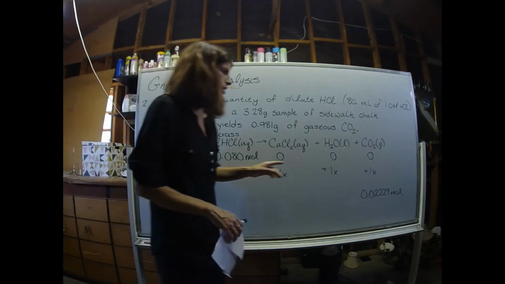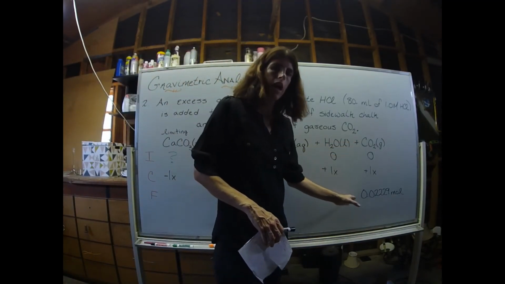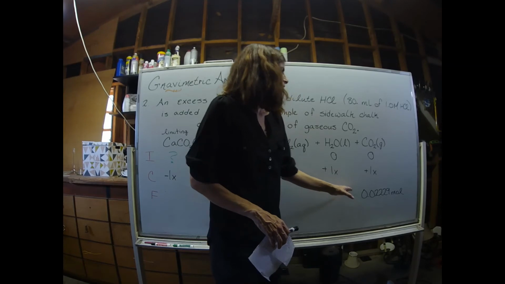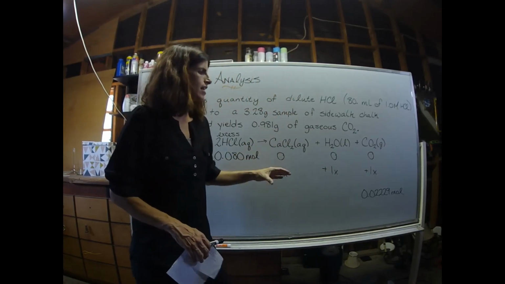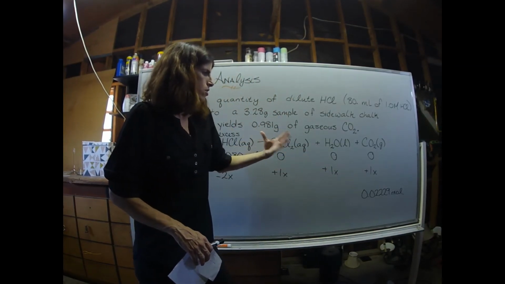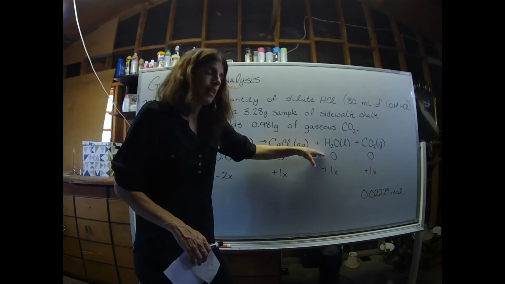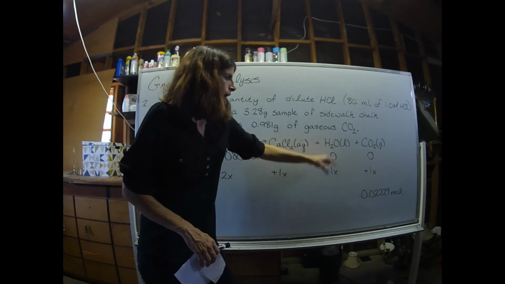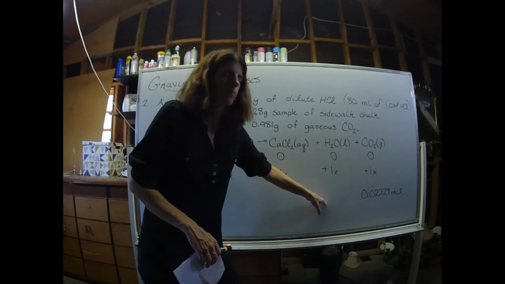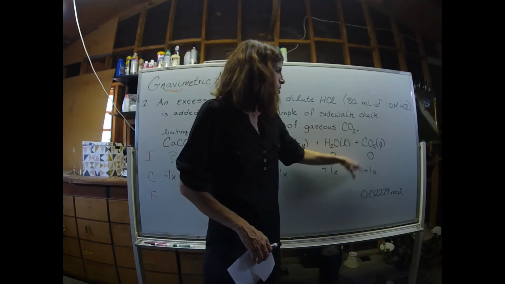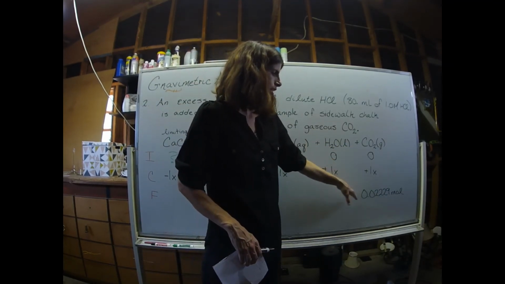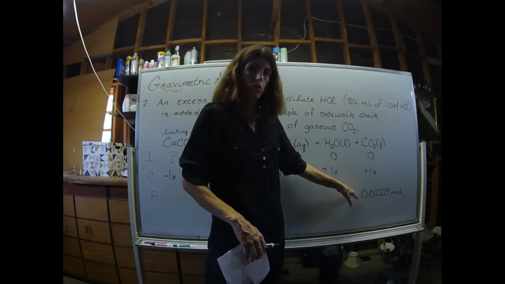However, over here, we do have a complete column for carbon dioxide. And we know that the ICE table works so that the initial line and the change line add up to the final line. So 0 plus 1x equals 0.02229.